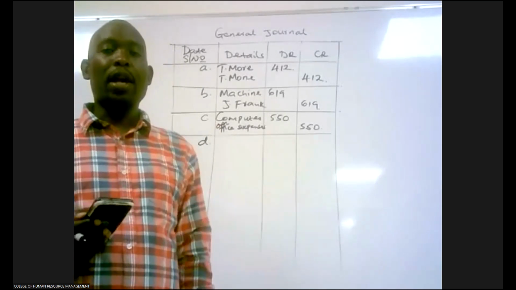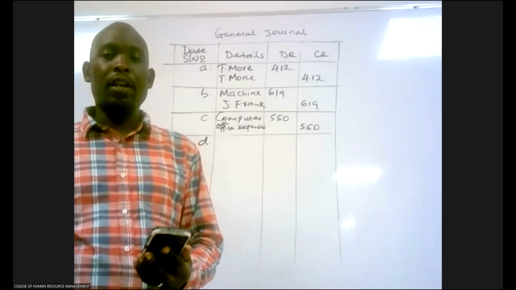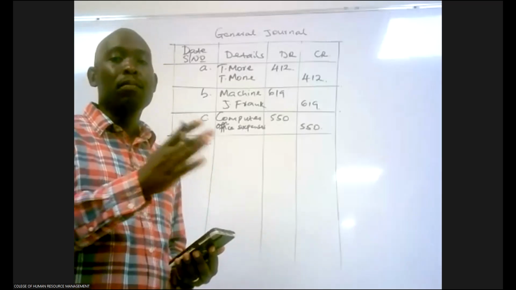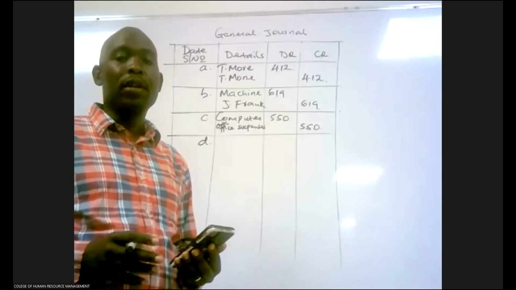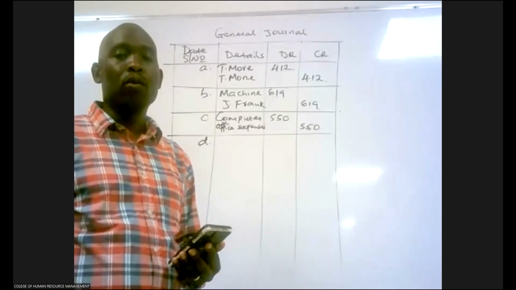B Wood account, being a debtor, is debited, and sales was credited, but the problem is that we used a wrong amount in both accounts. We debited B Wood with 102. We credited sales with 102.